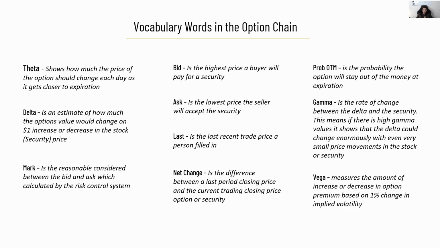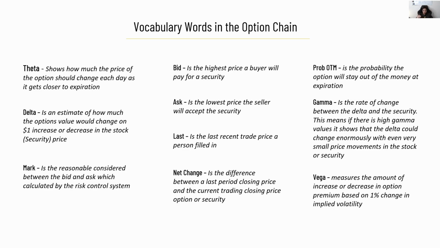If the Vega shows it's 2 cents, what that means is if implied volatility went up by 1% today, my option would be worth 2 cents more. Of course, it could be said at the same time that if implied volatility went down by 1%, my option would be worth 2 cents less. So that's what Vega shows.